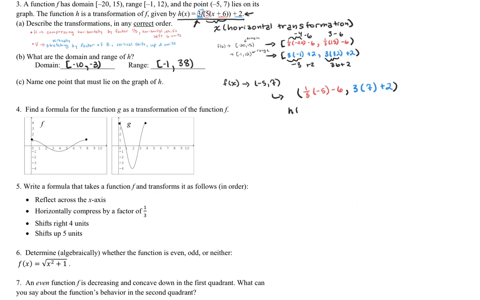So our point on h of x should be, this is a -1 minus 6, -7, and this is a 21 plus 2, 23. So this is our new point. And I'll write that right here.